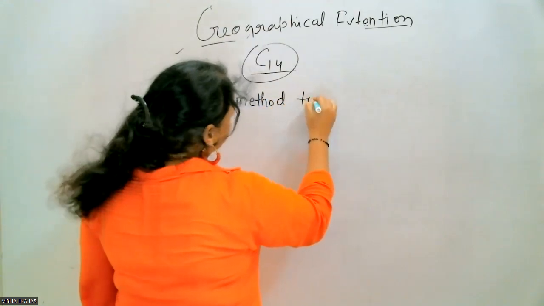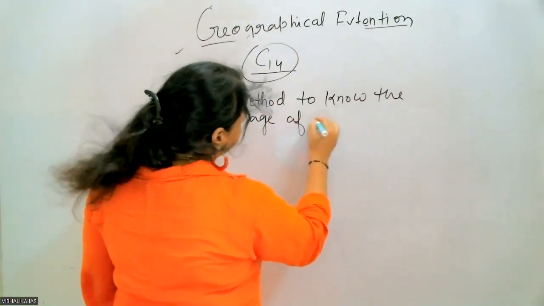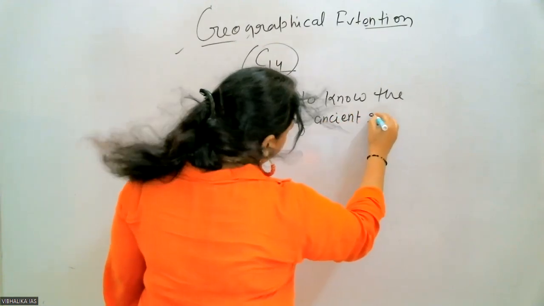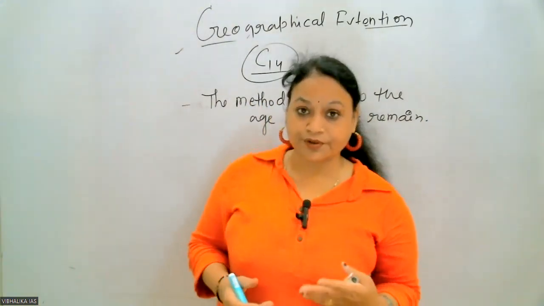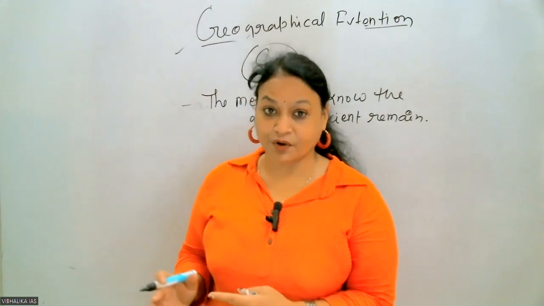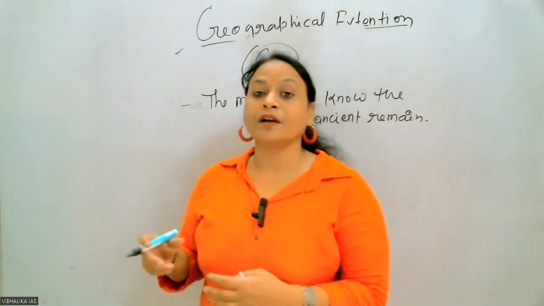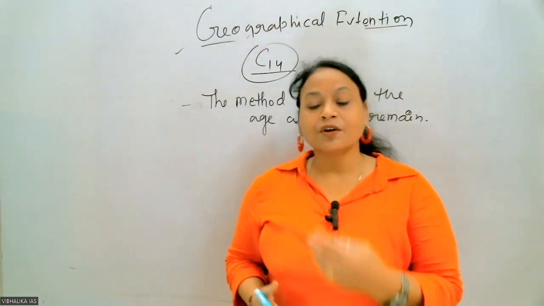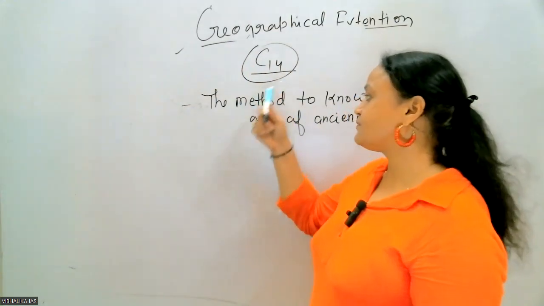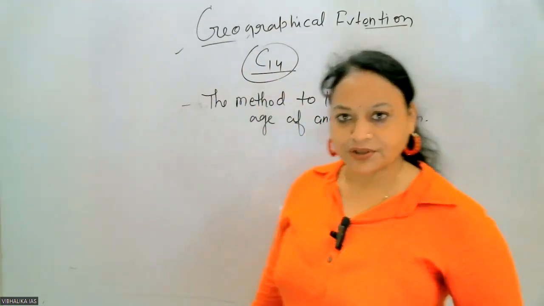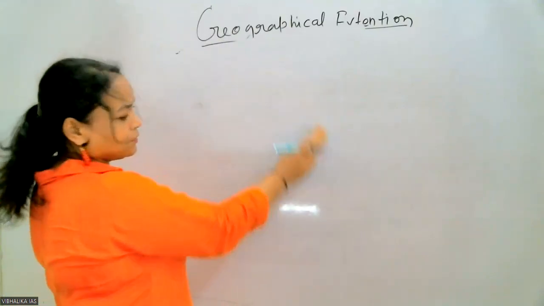They can ask this question, and if they give you options, like C14 is to know the age of old coins, or the age of plants, or the age of ancient remains, or none of these, the answer is that C14 is a method through which we can know the age of ancient remains.